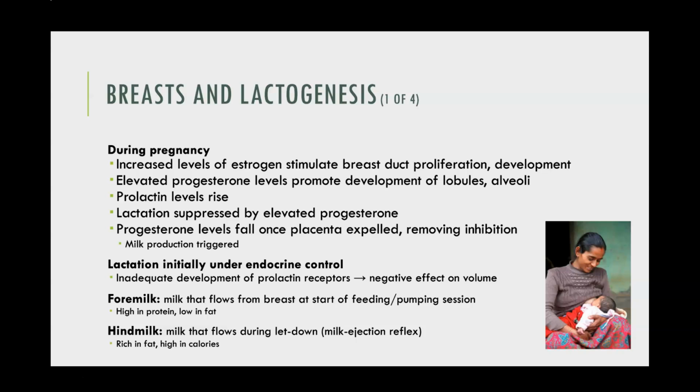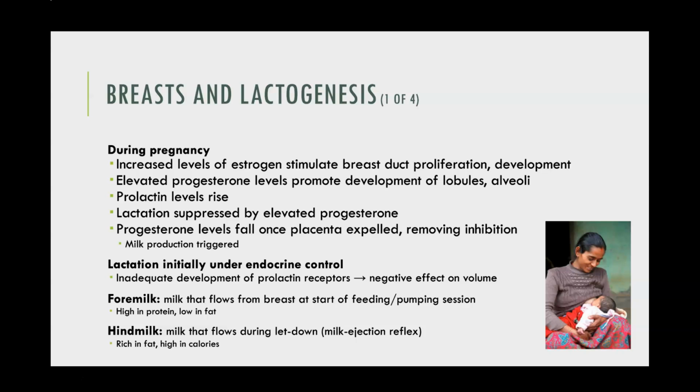So, breasts and lactogenesis. During pregnancy, there are some increased levels of estrogen that will stimulate the breasts to proliferate ducts and develop those milk ducts in preparation for breastfeeding and lactogenesis.